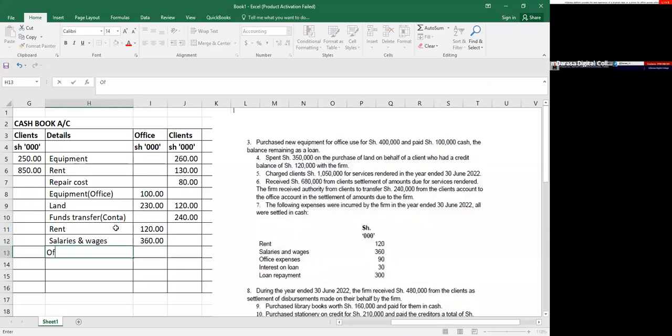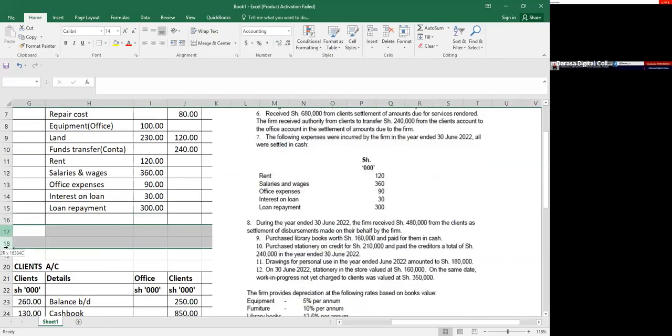Office expenses, $90. Interest on loan, $30. Loan repayment, $300. So basically, that is what we have, right?